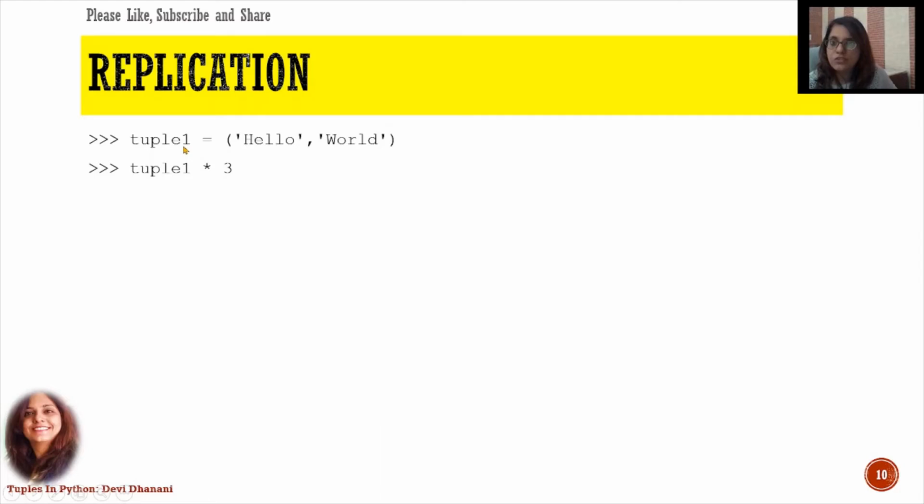So let us assume over here tuple 1 has two string values, hello and world. If I wish to print this 3 times, I can use the multiplication operator in this form, and the output will be that this particular tuple, exactly the way it is, will be replicated.